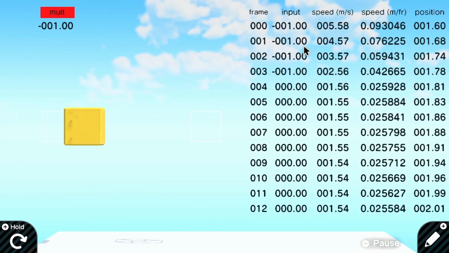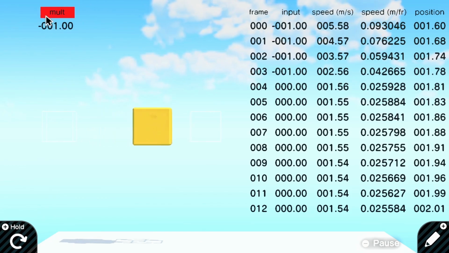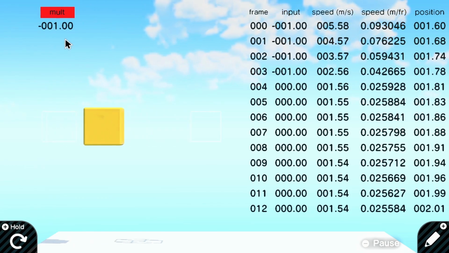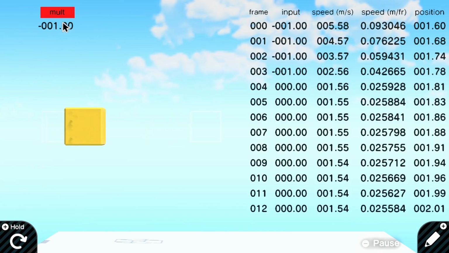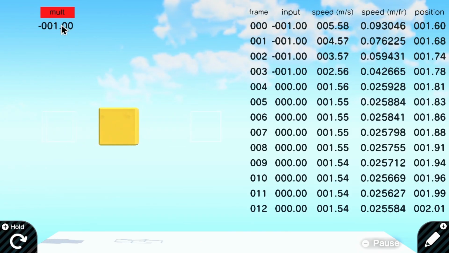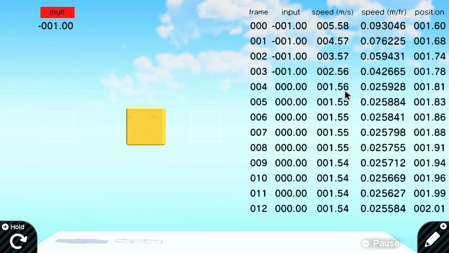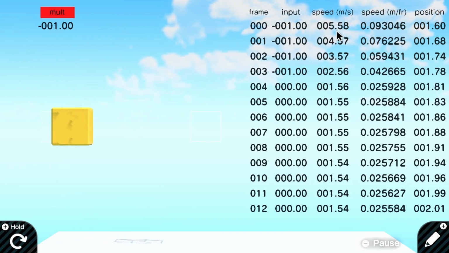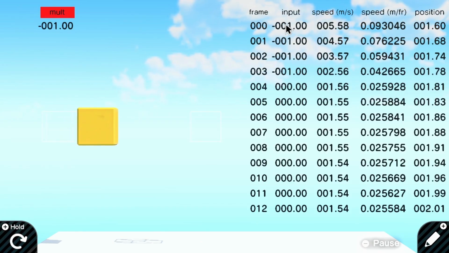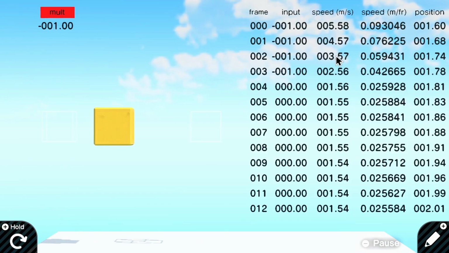Then, if the assumption is that the input sets the speed of the object to the input, that's not what's happening here, because at this frame, the speed of the object is 5.58. And when we send a -1 input, it actually just goes down to 4.57. And it goes 3 and 2 and so on.